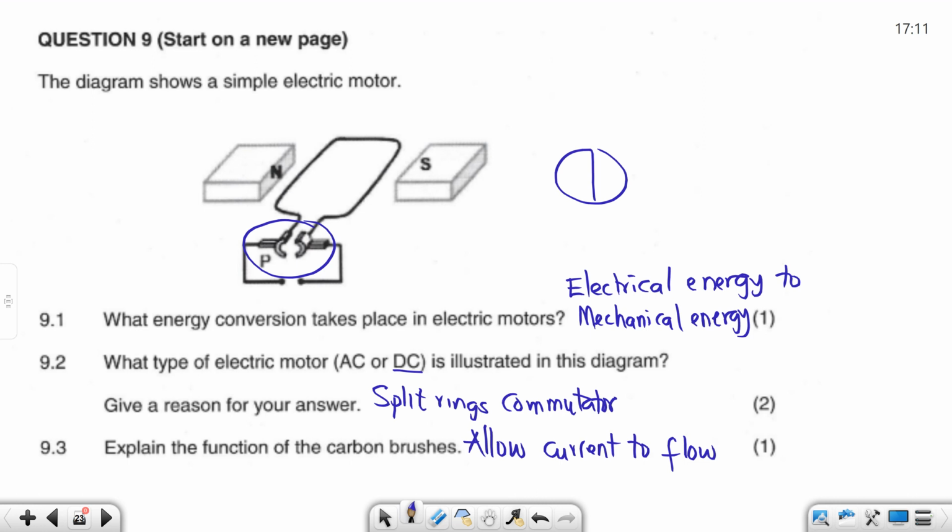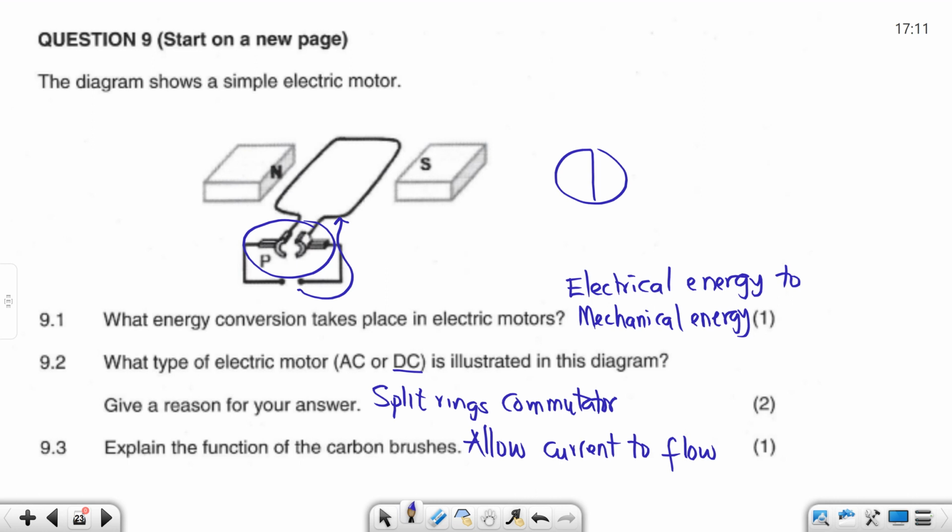It flows from the external circuit to the coil. If it's a generator, it flows from the coil to the external circuit because we are producing. Here we are using electricity to allow the coil to move.